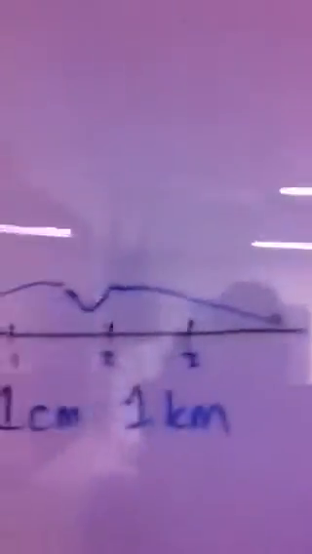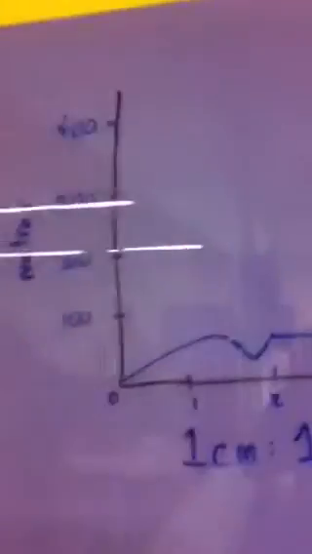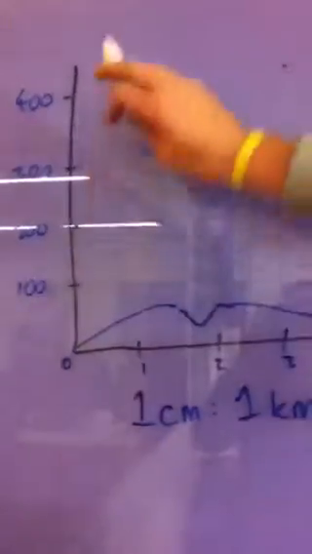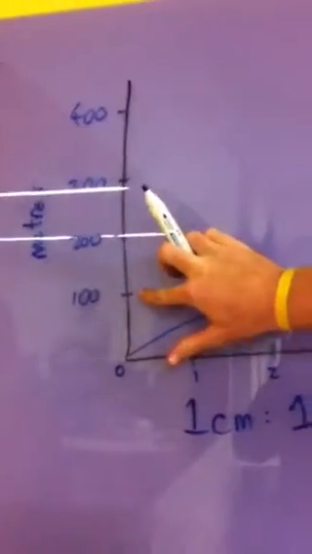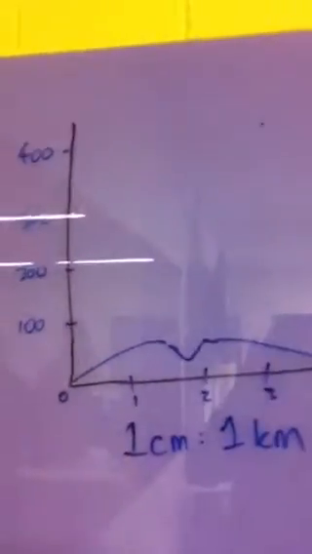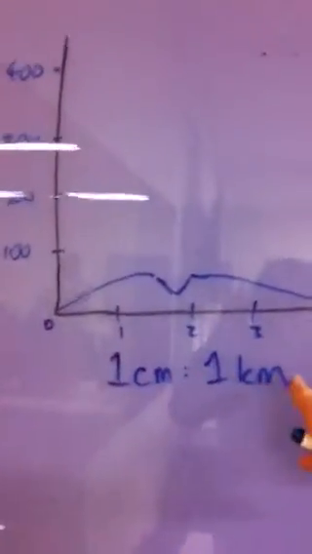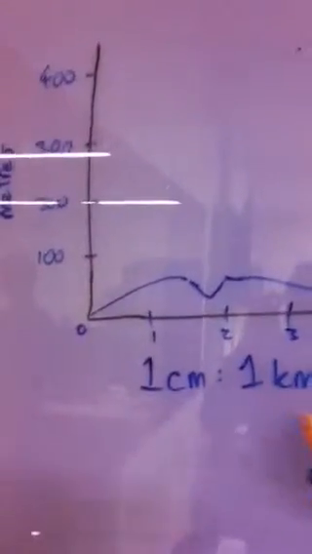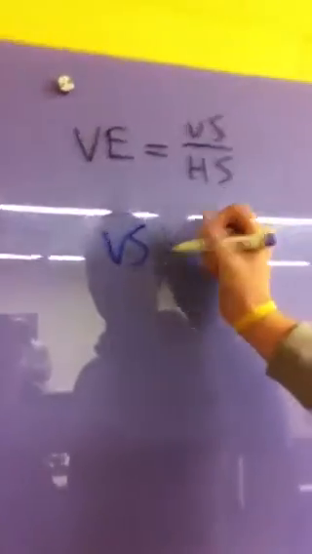As seen earlier in previous demonstrations 1 and 2, the vertical exaggeration equals vertical scale over horizontal scale. So let's look at our vertical scale. Each centimetre as we go up is represented by 100 metres. So 100, 200, 300 and 400. And then our horizontal axis has been previously, 1 centimetre equals 1 kilometre. First to our vertical scale.